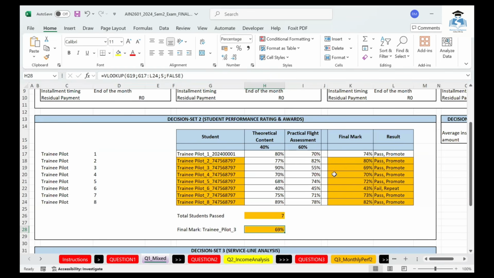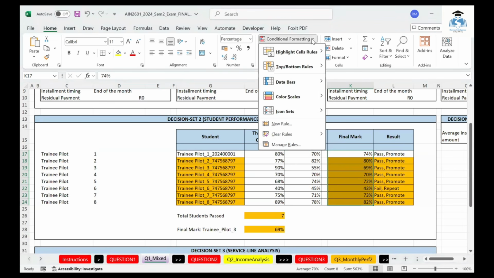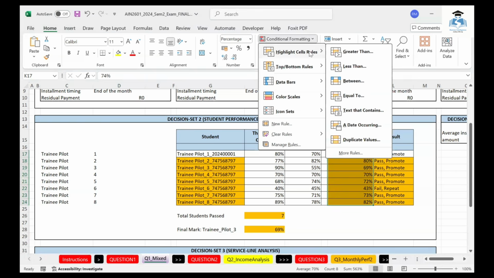Conditional formatting: we highlight everything, then go where it says conditional formatting. On the rules, we go on highlight cells.